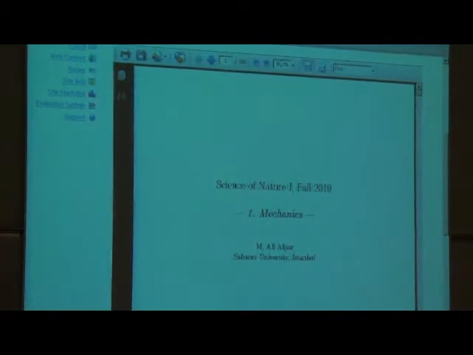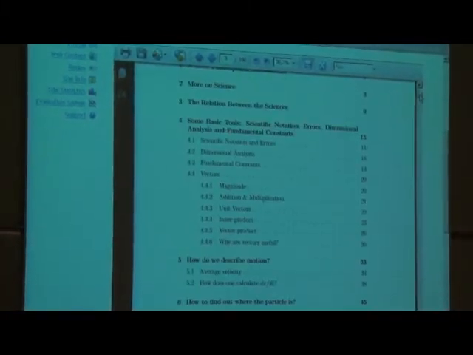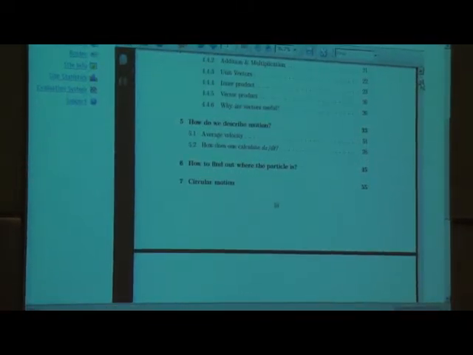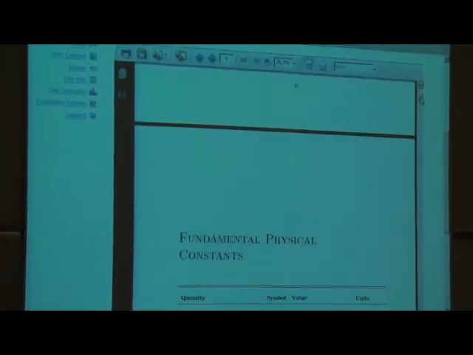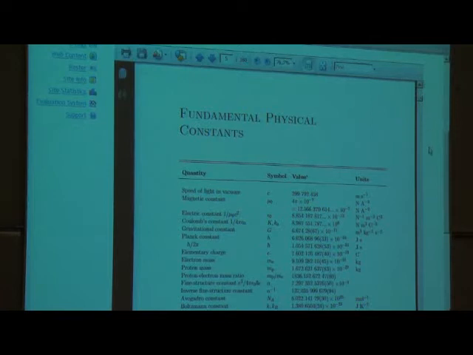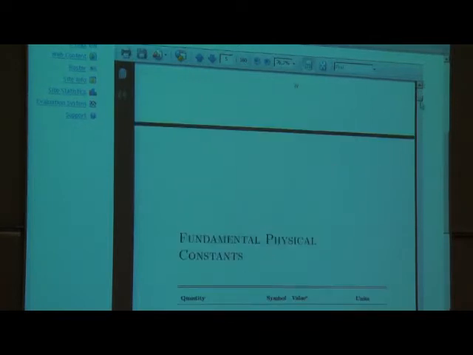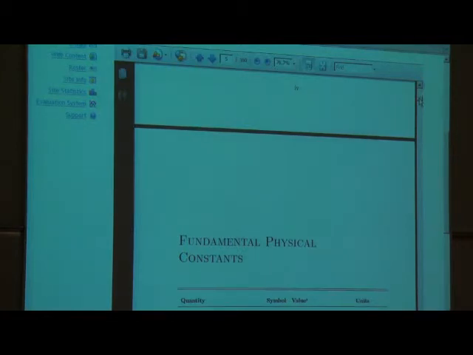At the beginning is the course chapters, the course content list. We have a table of the fundamental constants, just the numbers that we use. You don't have to memorize these things. Okay?